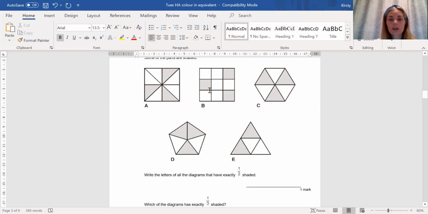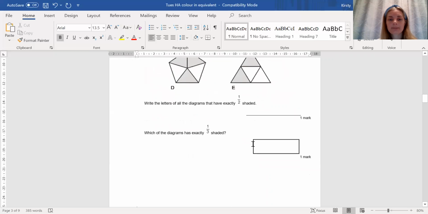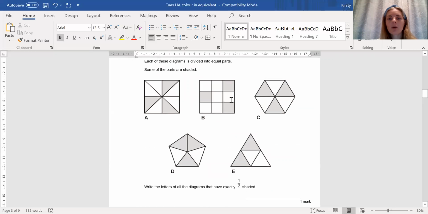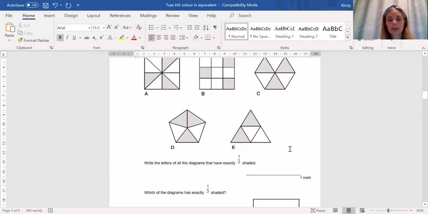And then you would say equals a half. Does 3/8 equal a half? No, it does not. So A would not be one of the letters I would write. Then you go and work out equivalent fractions for the rest. It says which of the diagrams has exactly 1/3 shaded? So again, work out equivalent fractions to make 1/3, see which ones are correct and just write the letters for me.